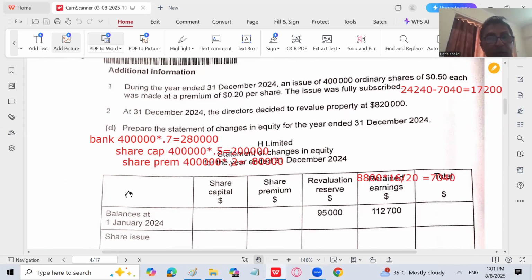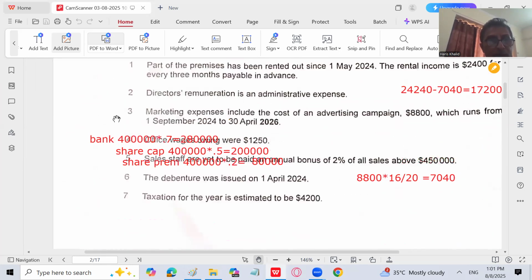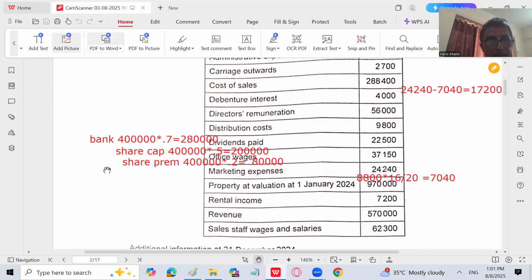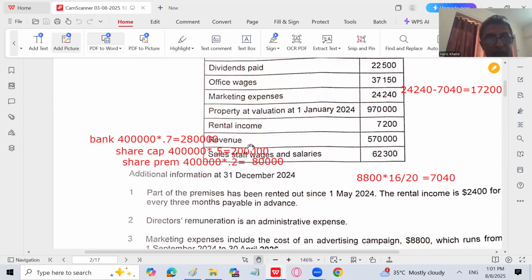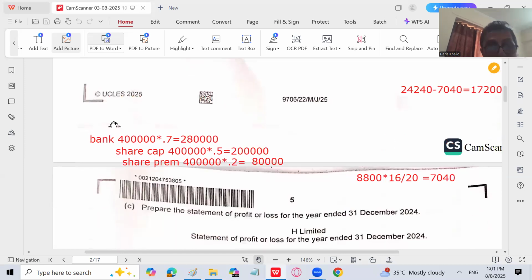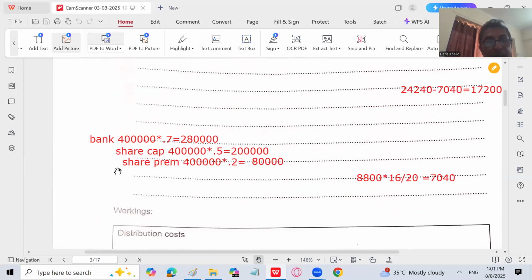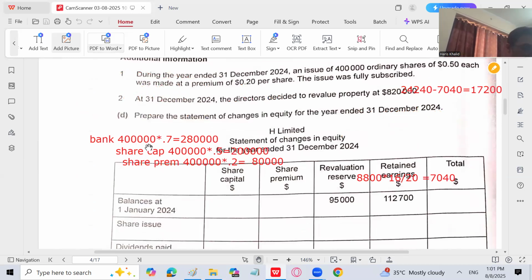Now it has become 8,20,000. What is the value? Let's see the value of the property given in the question. At valuation on 1st January, it is 9,70,000, but now it has been revalued downward and has become 8,20,000, as given in the question. So let me calculate 9,70,000 minus 8,20,000.